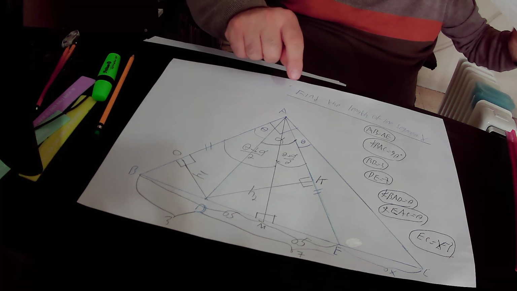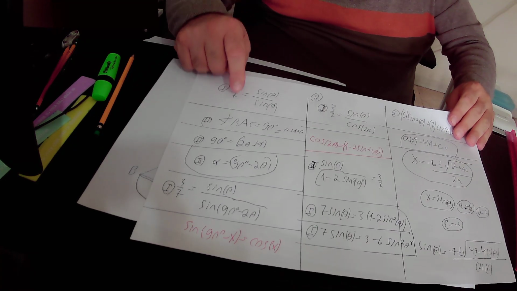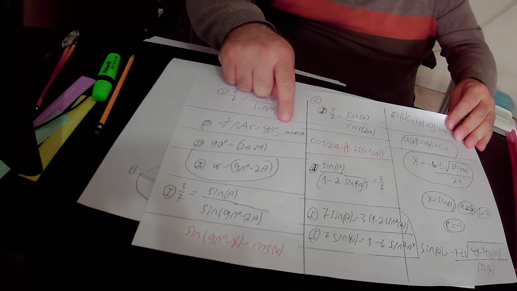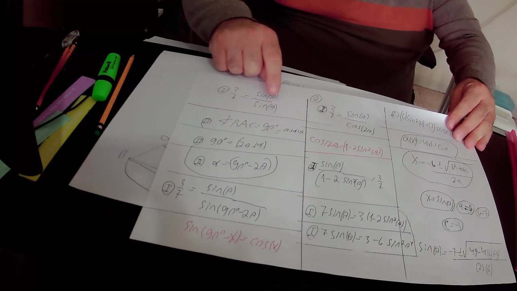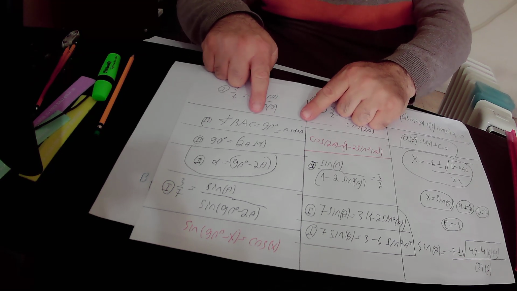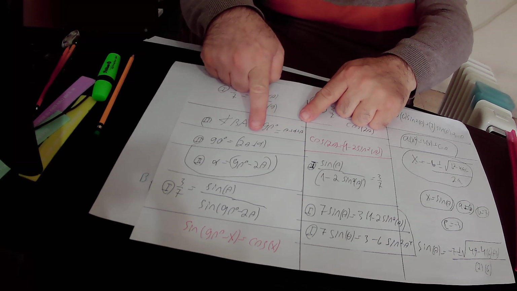That is to say it equals 2 theta plus alpha. So in conclusion, from this equation number 2, we conclude that 90 degrees equals 2 theta plus alpha.